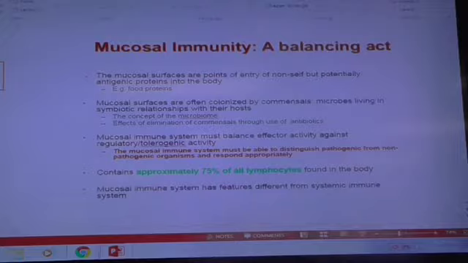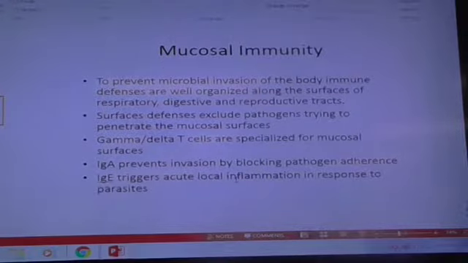But 75% of all the lymphocytes are protecting the mucosal surface, including all those Peyer's patches and dense lymphoid tissue. We talked about gamma delta T cells.